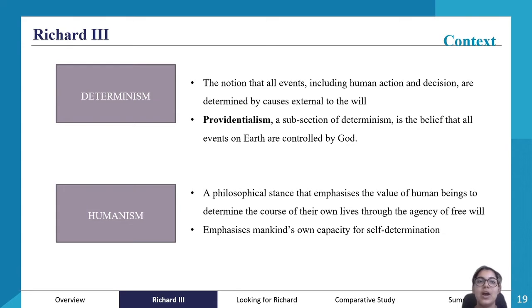Now, Shakespeare's time did reflect a more secular fascination with free will. It was there at the time, but humanism was still viewed as dangerous. It wasn't encouraged by society.